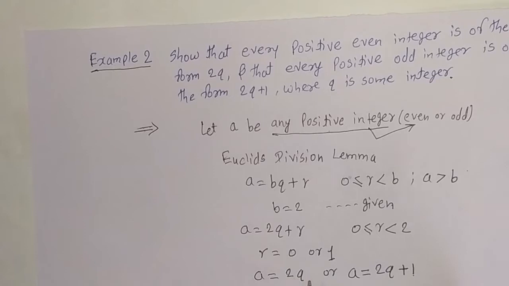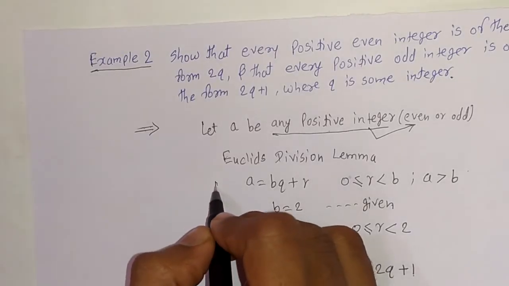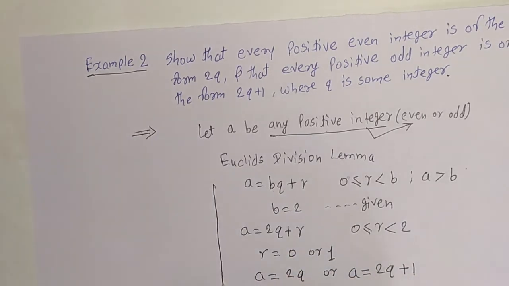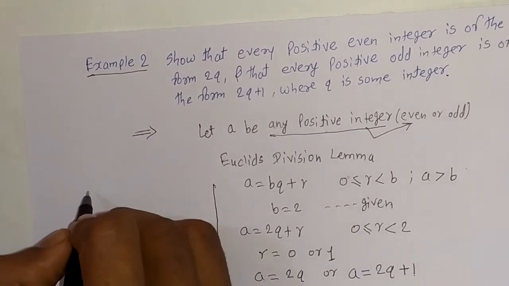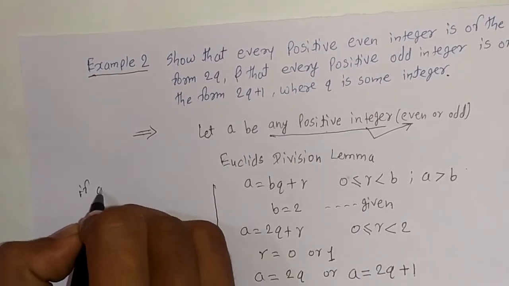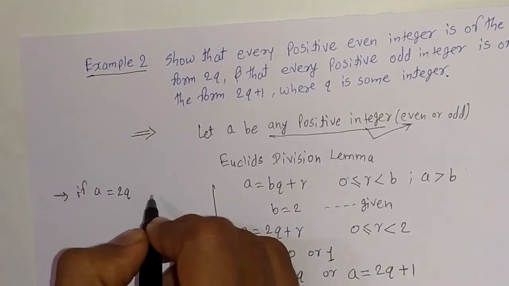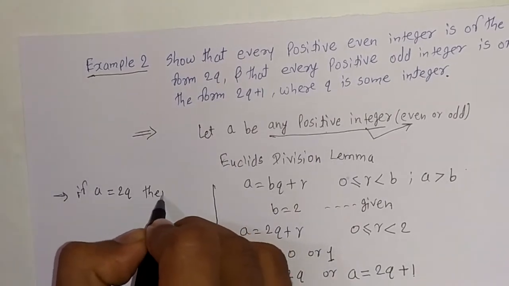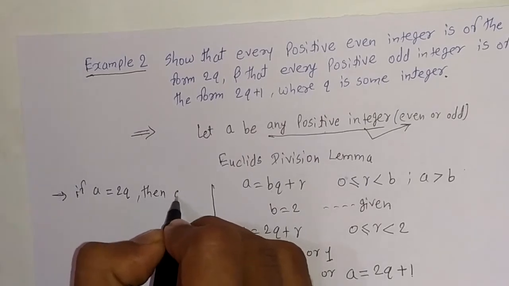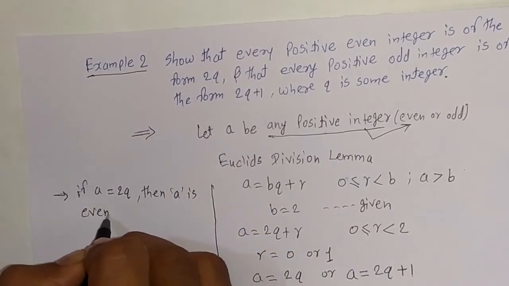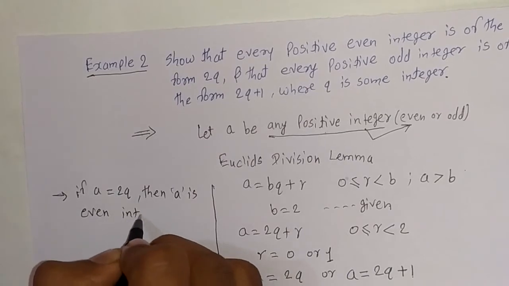So let me write this: if a equal to 2q, then a is an even integer.